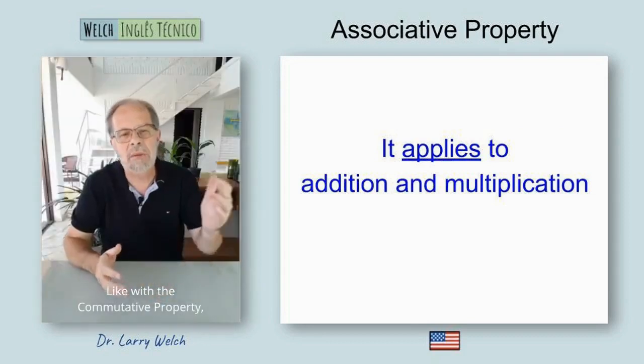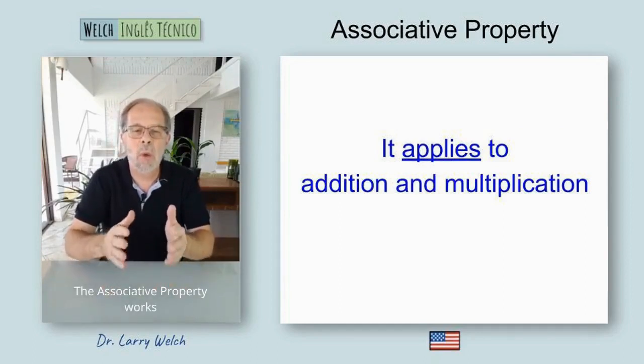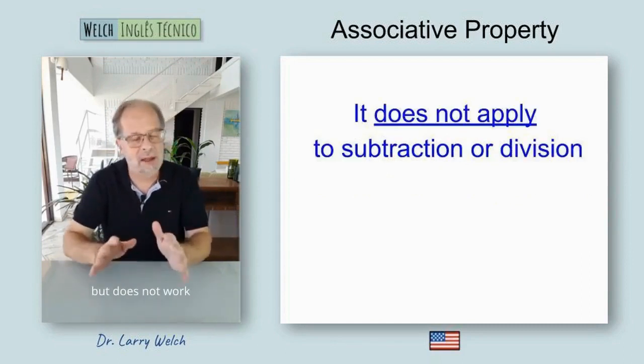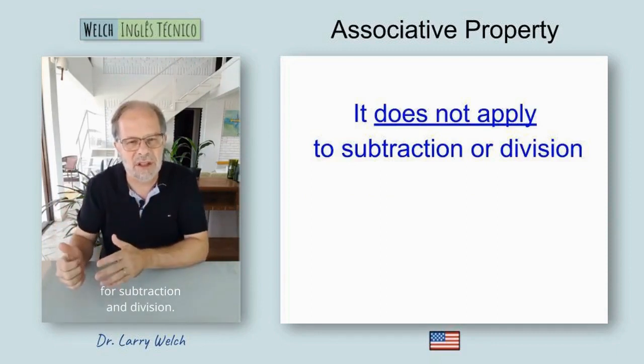Like with the commutative property, the associative property works for addition and multiplication, but does not work for subtraction and division.